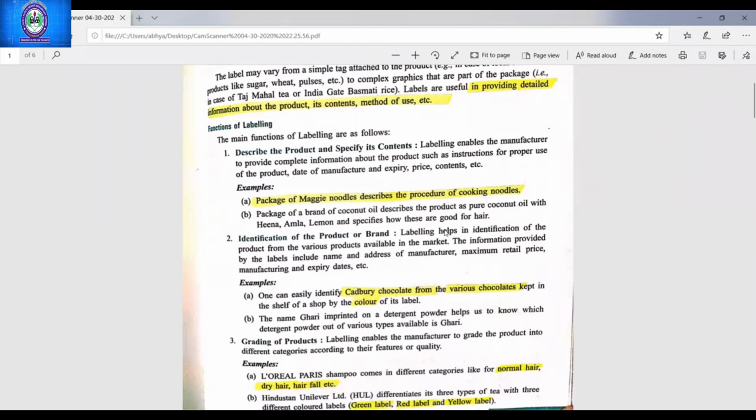For example, we can see the Maggi noodles we are buying, Maggi soups, or any other product, whatever product in your day-to-day life you are purchasing, on that product you must have seen the label.